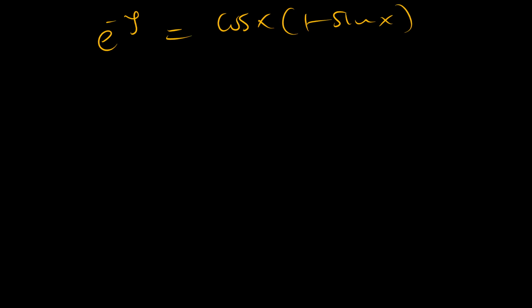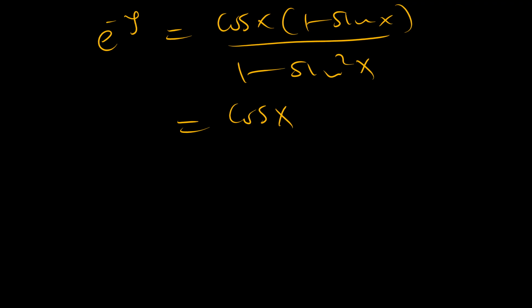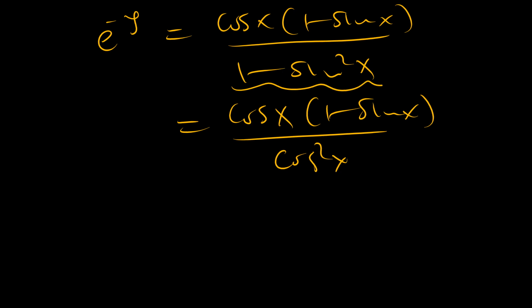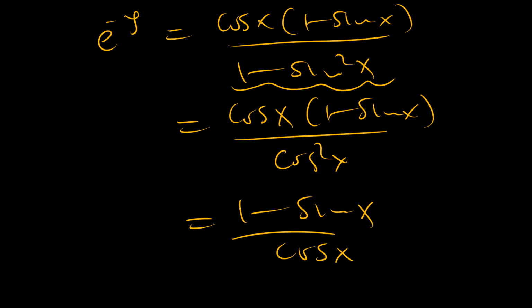So we get e to the power negative y is equal to cosine x times 1 minus sine x over 1 minus sine squared x. This is cosine x times 1 minus sine x over cosine squared x, because this is the same as cosine squared x, which is the same as 1 minus sine x over cosine x, because this and that would cancel.